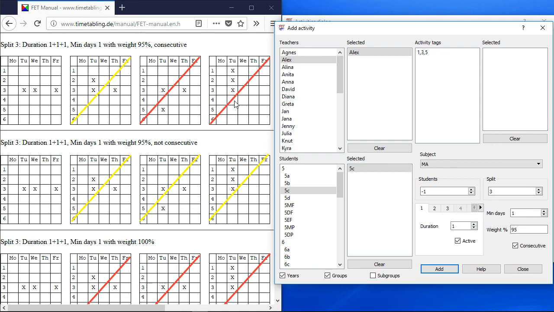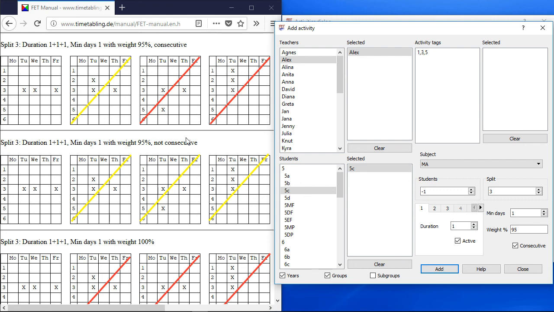The last example looks strange, since you might think it doesn't conflict with a 95% min-day constraint and it also doesn't conflict with the consecutive flag. You can assume it isn't allowed because the first activity isn't consecutive to the third activity. Another way to remember it: there might be max 2 activities consecutive on the same day. In normal cases this is the required rule for most schools.